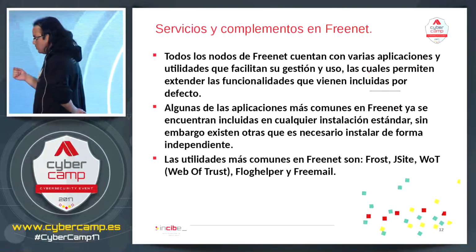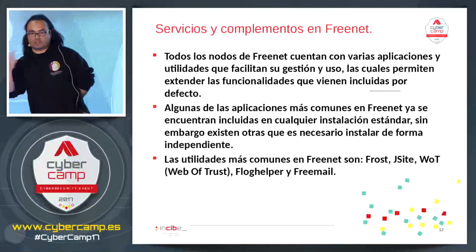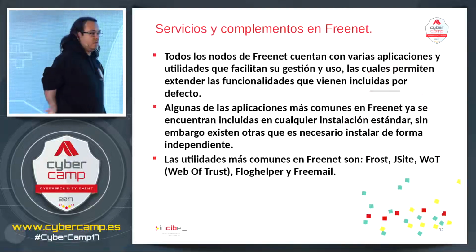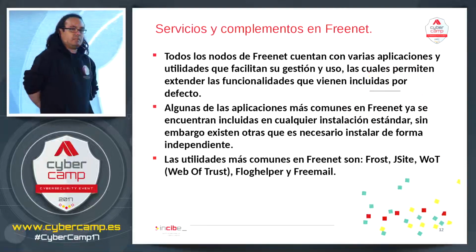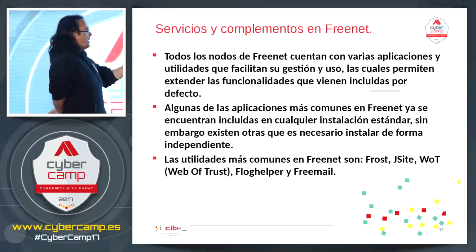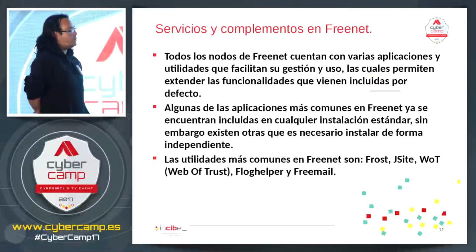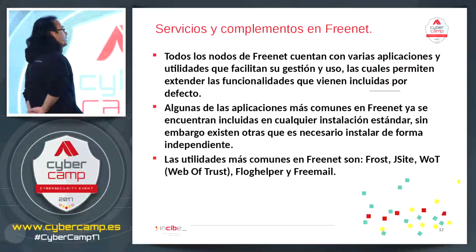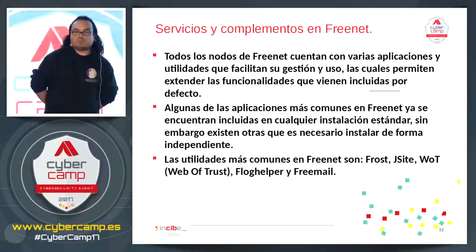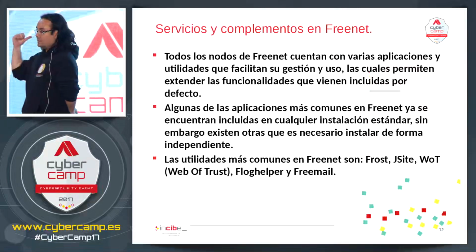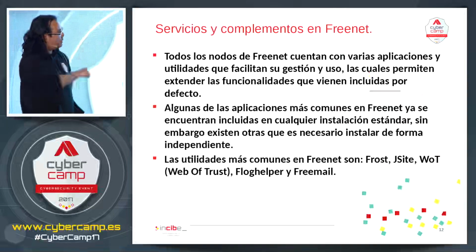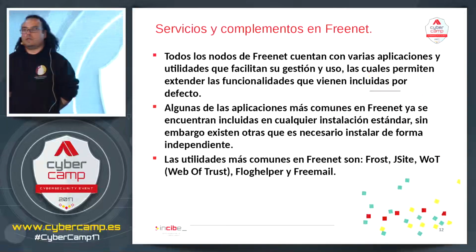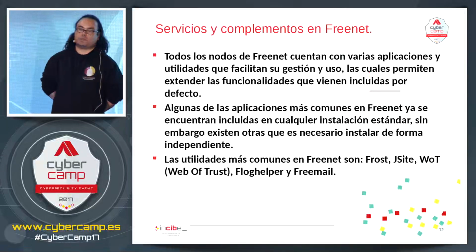We can configure plugins, or we can upload or download files from Freenet. So these are characteristics we find in any Freenet instance, and we find other things like Web of Trust, Flock Helper, Freemail.